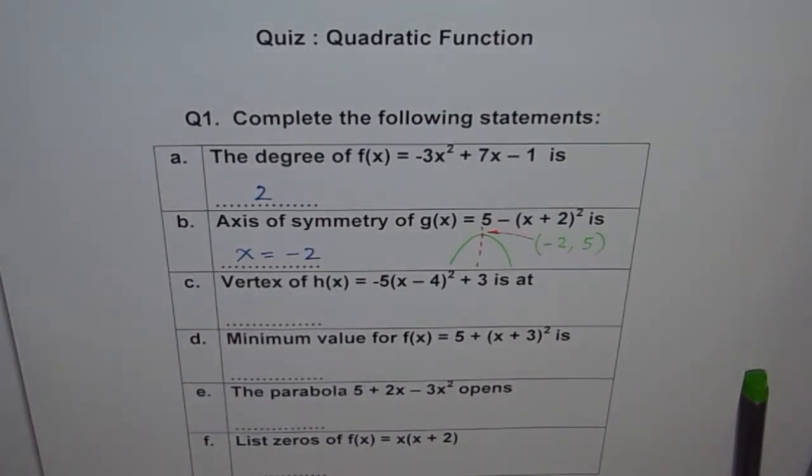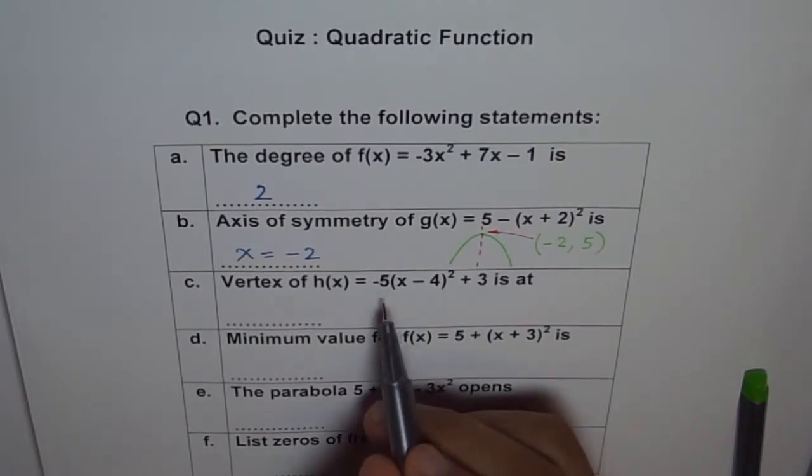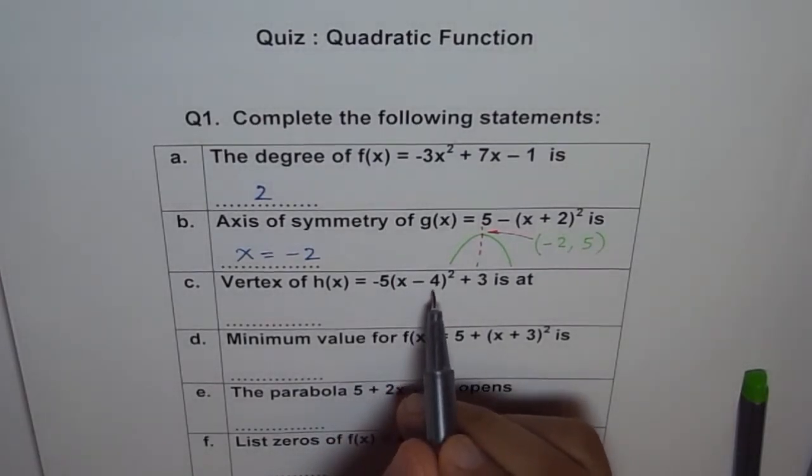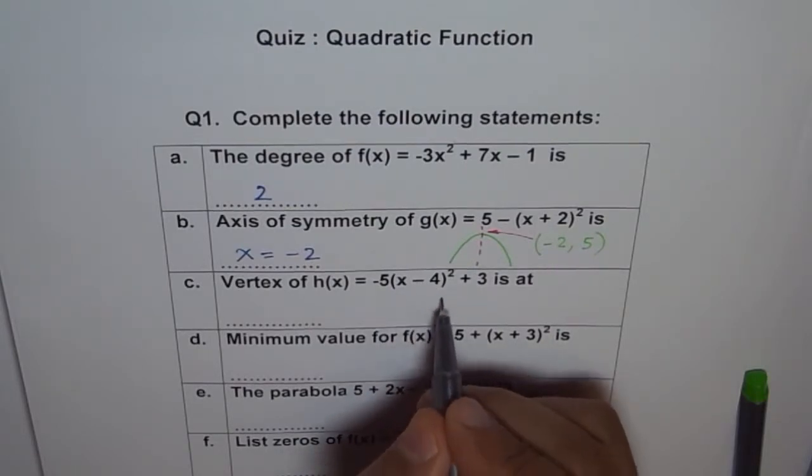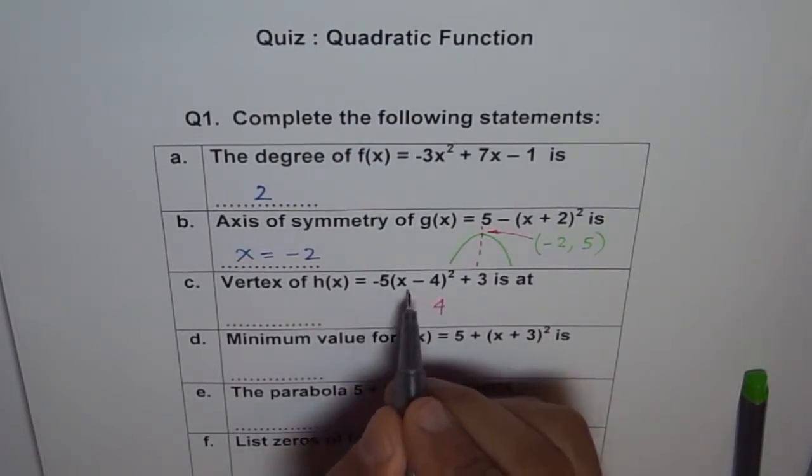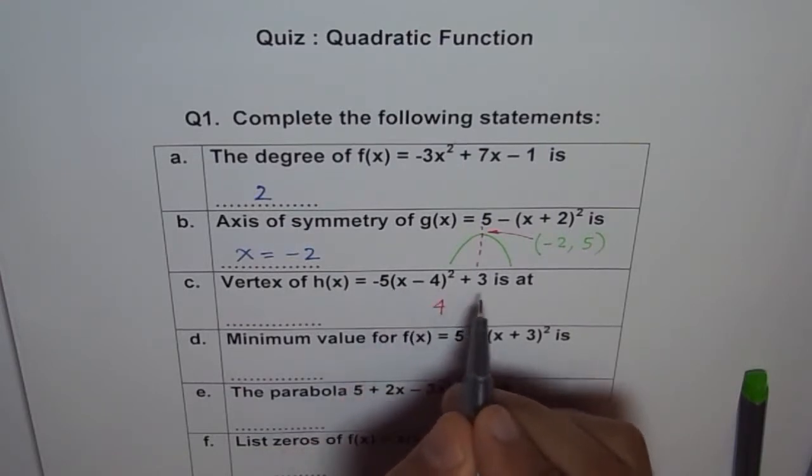Okay? Now the next question is, vertex of your function minus 5 (x minus 4) square plus 3. Well, here as you can see, the vertex is at whatever makes x minus 4 zero, right? This thing. So the vertex is at 4, and the y value, if I make this 0, will become 3.